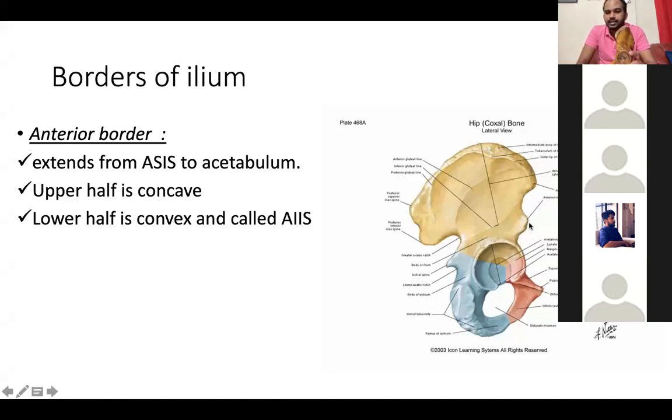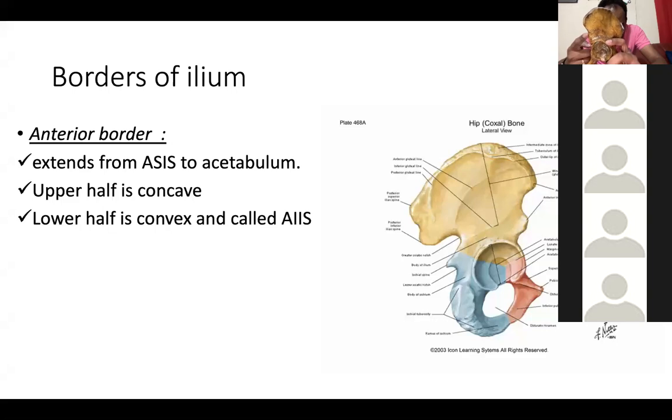In the anterior border, you are seeing one elevation, this one. This is the anterior superior iliac spine. Now what is this? Anterior inferior iliac spine. Very good.